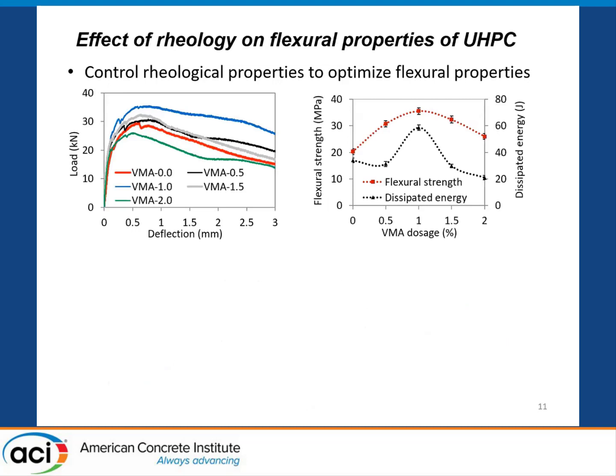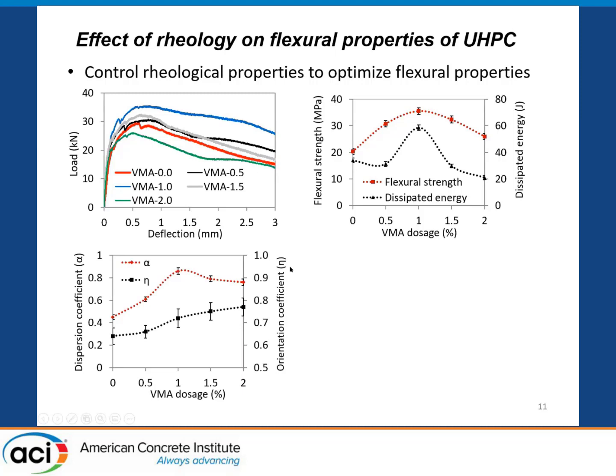As you can see in these figures, even though we use exactly the same amount of steel fibers, 2%, with different VMA dosages, the flexural properties differ a lot. When the VMA dosage equals 1%, we have the highest flexural strength and dissipated energy, which is calculated as the area under the load and deflection curve.